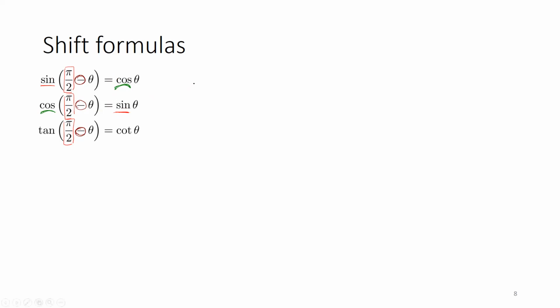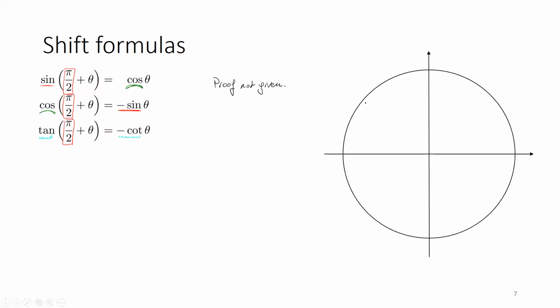Here, as far as proofs go, where do these formulas come from? We can actually derive these formulas quite easily. So for instance, for the first one, if we take sine of pi over 2 minus theta, that is in fact the same as writing pi over 2 plus minus theta. And now I use the formula from the previous slide to say sine of pi over 2 plus an angle is cosine of that angle.